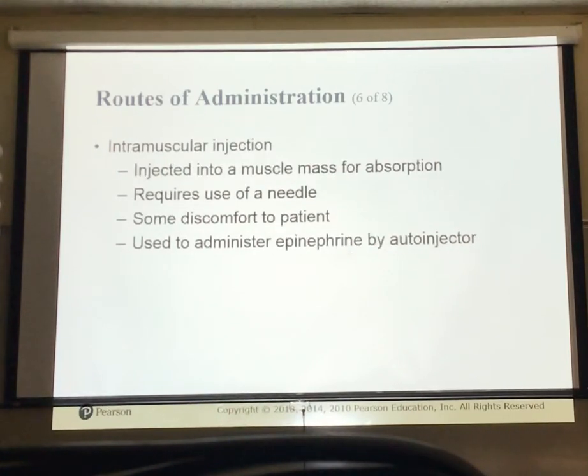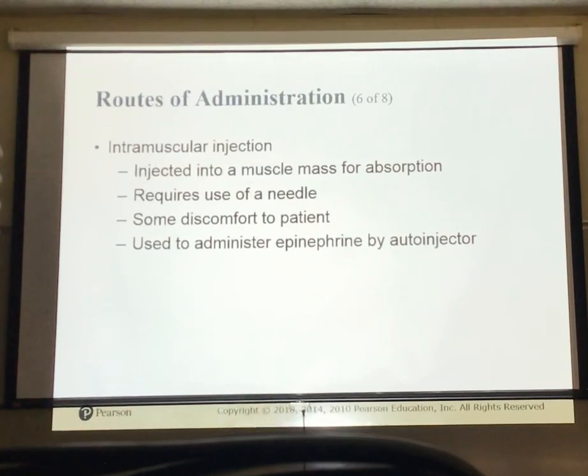The IM route, or the intramuscular route, the drug is injected into a muscle mass. The absorption is relatively rapid. This requires the use of a needle, therefore it poses the danger of a needle stick injury to the EMT. Some discomfort may be felt by the patient. Serious side effects might occur if the drug is accidentally injected into a vein.